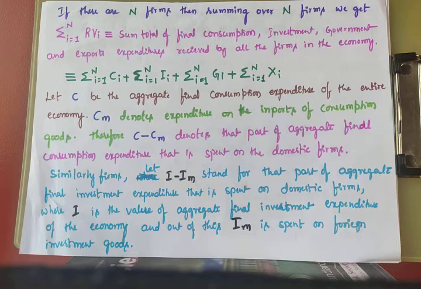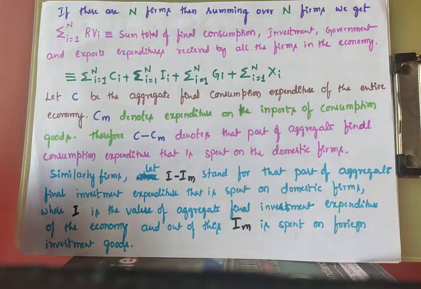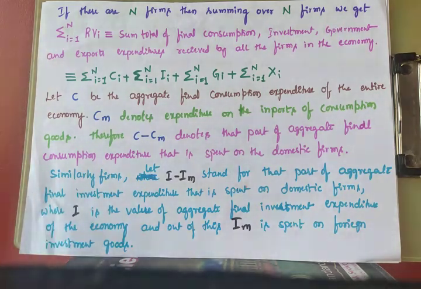We can calculate it through summation. Here another symbol is there, sigma. We call it summation. Don't forget, this is sigma. Sigma means summation. Summing all these things, we can get the national income under the expenditure method.